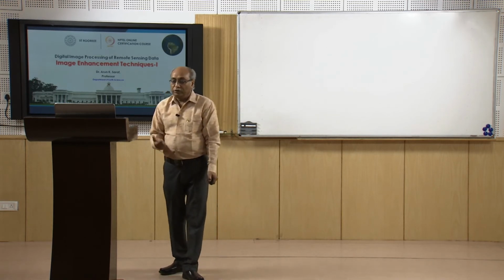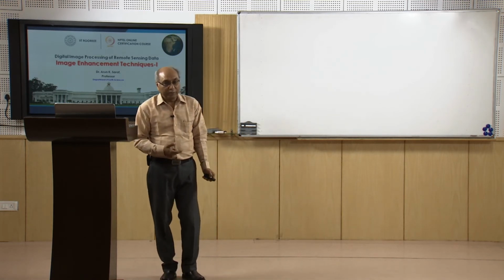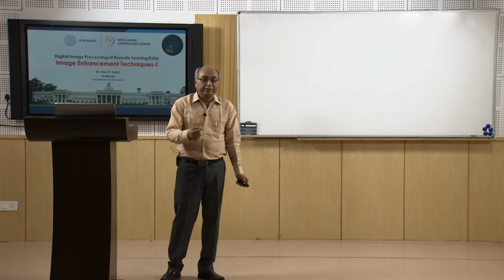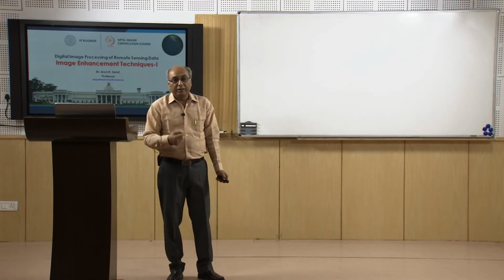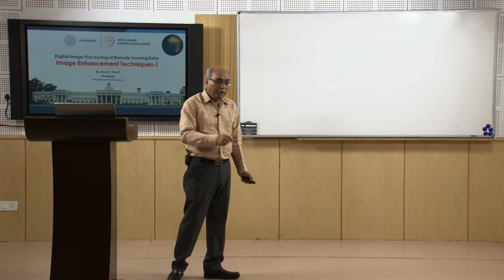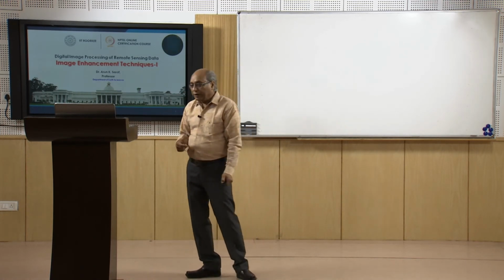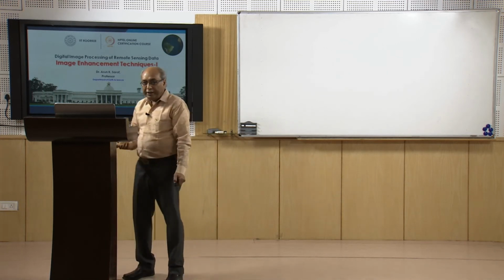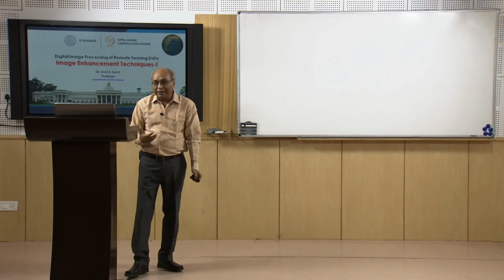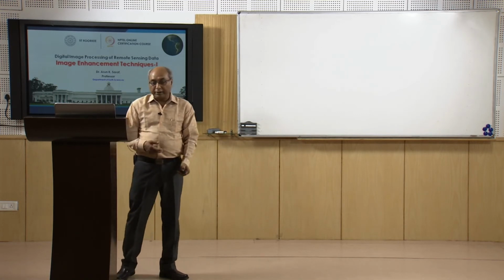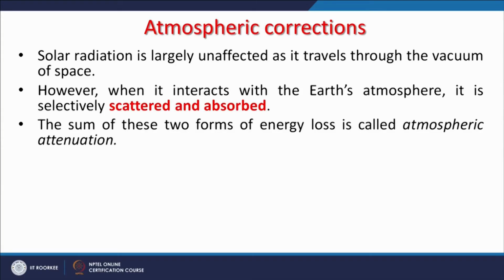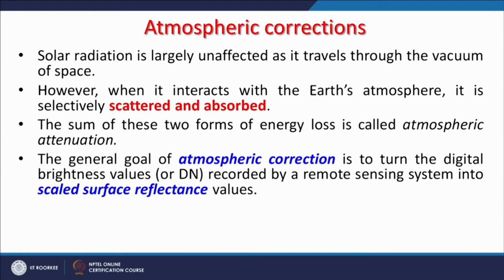Both kinds of phenomena occur, scattering and absorption, and ultimately these phenomena bring poor quality in our remote sensing image. So one always tries to remove or minimize their effects in the images, so image quality improves for better interpretation. Sometimes these two forms of energy loss we call atmospheric attenuation.